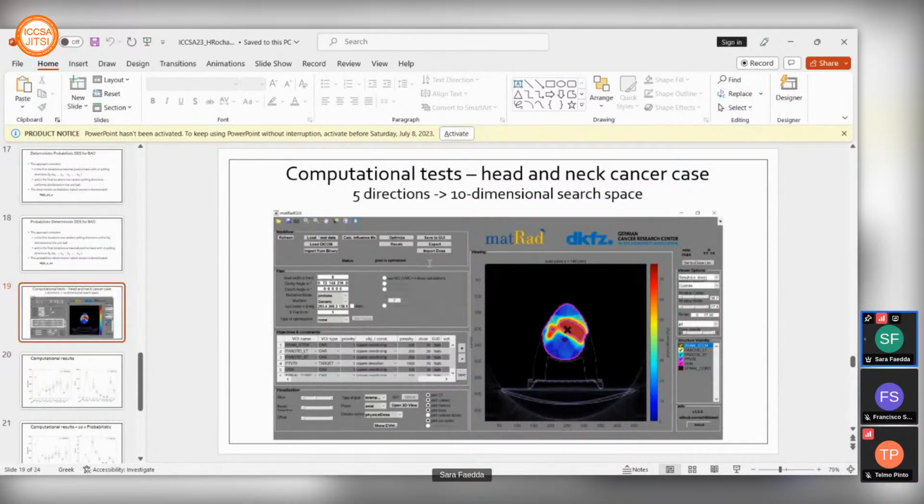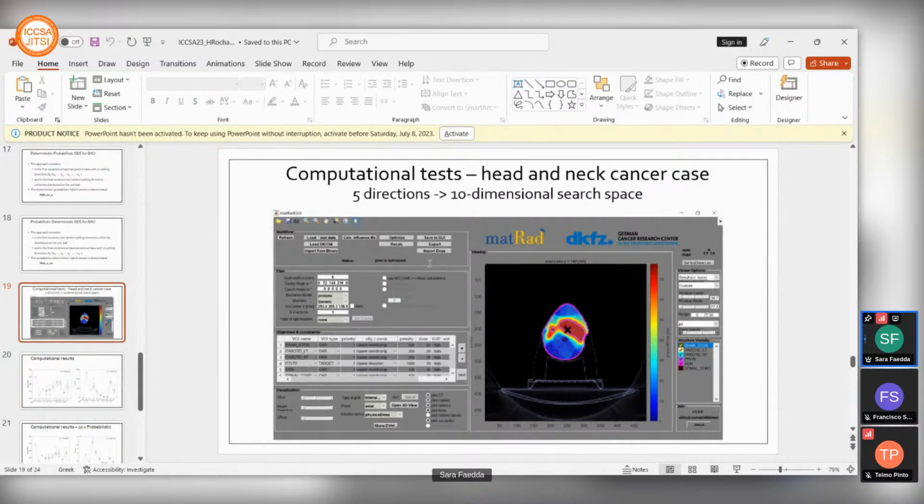MATRAD is an open source treatment planning system, mainly for research, where we can introduce our prescription and our beam directions, click optimize, and 5 minutes later we have our optimal fluence map optimization. So this is the black box of our function.